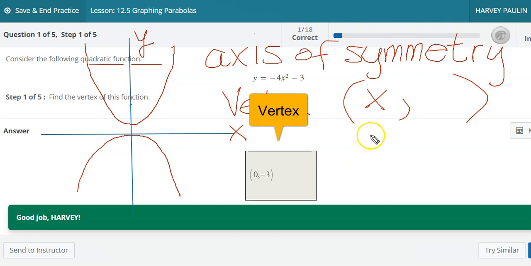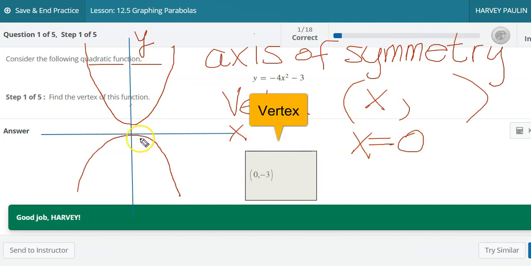And that's written then, x equals, and in this case we see the value for x is going to be 0. So whatever your x value is, that is your axis of symmetry.